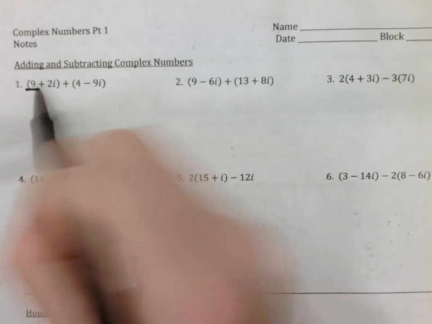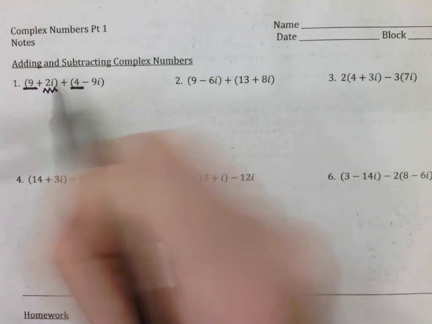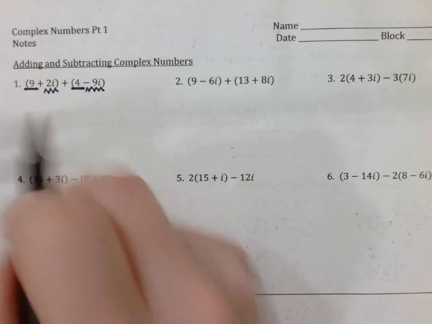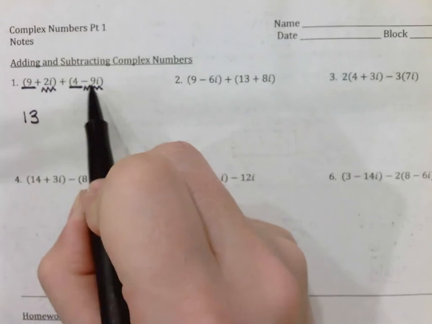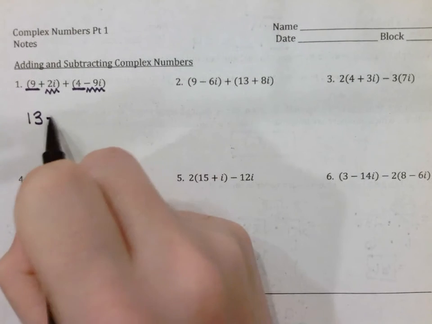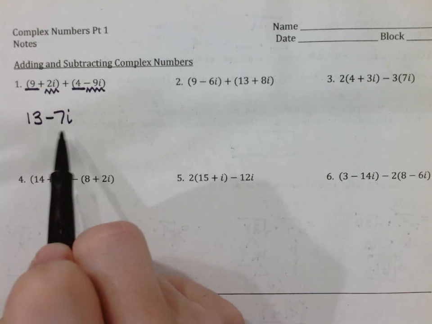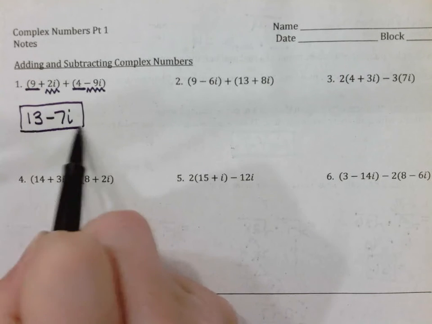So the like terms would be the ones without the i's, and then the ones with the i's. So 9 plus 4 is 13. 2i minus 9i is -7i. Notice I put my real number first and my imaginary number last, and that would be our answer.